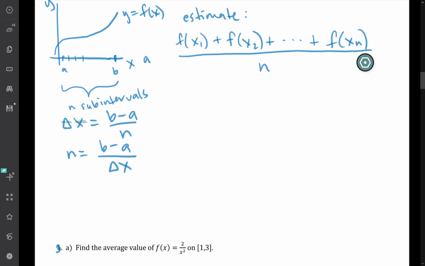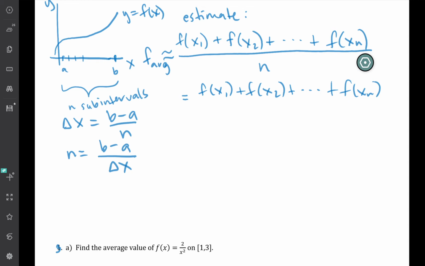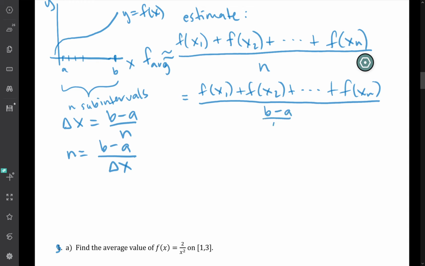So here we'll just say this. The average, we'll use the notation f average, that's supposed to be an AVG, is approximately equal to this, which we can then say is the same as f of x1 plus f of x2 plus all the way up to f of xn, and I'll save it for one more step, over (b minus a) divided by delta x.